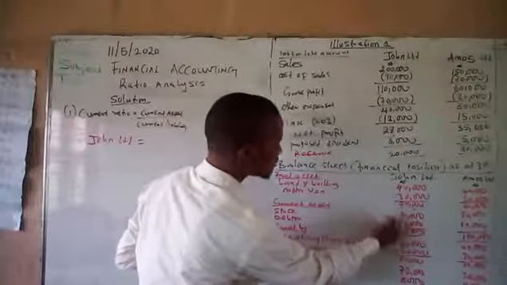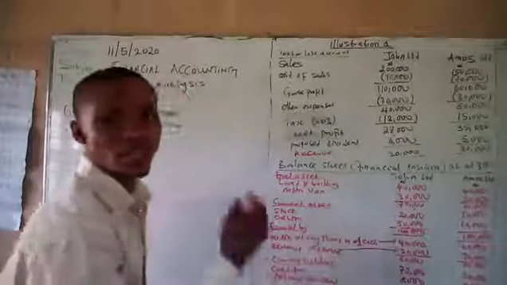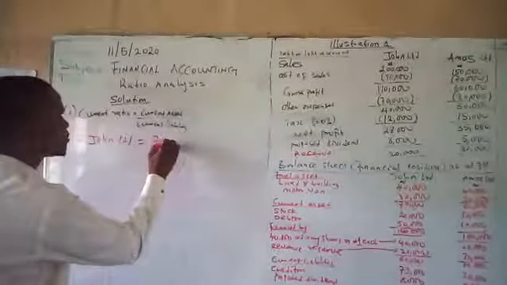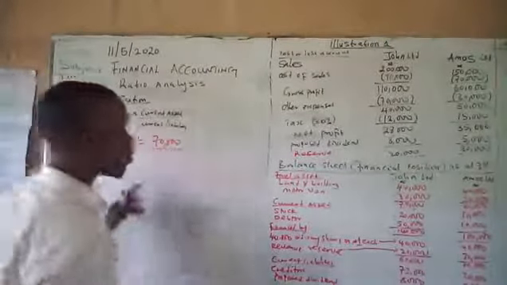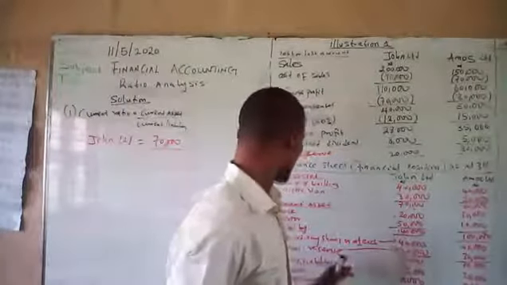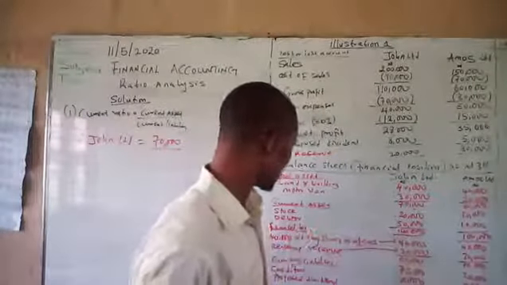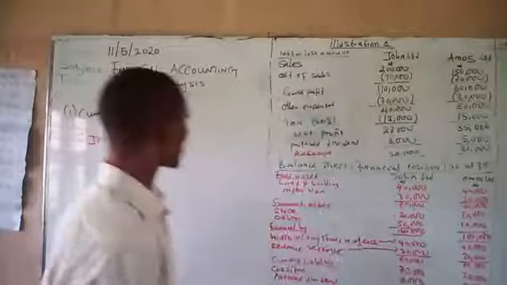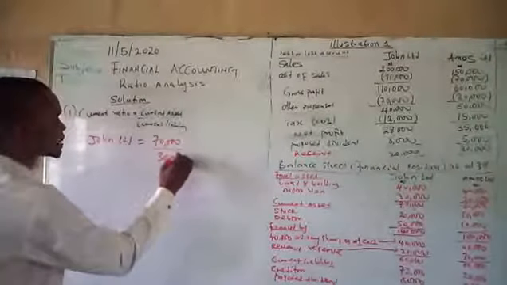The total current asset is 70,000 naira over total current liability of 30,000 naira.